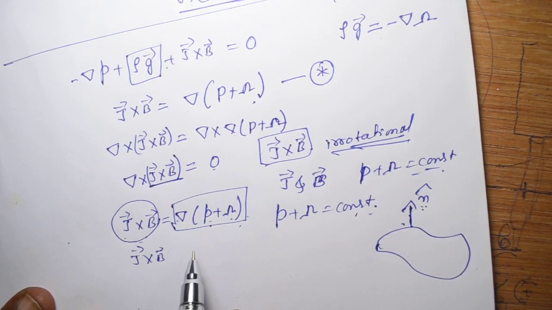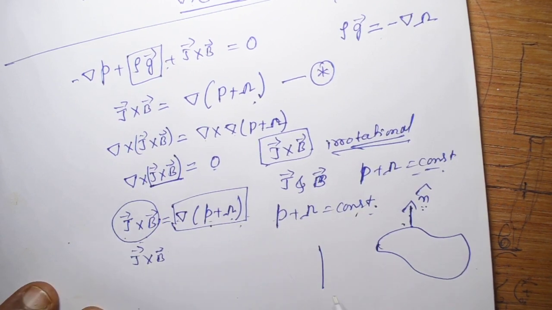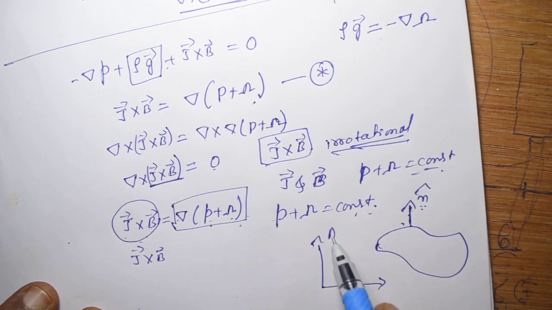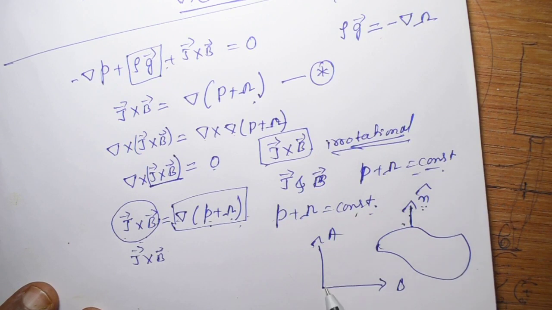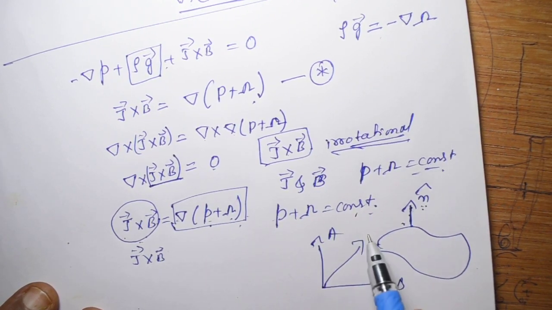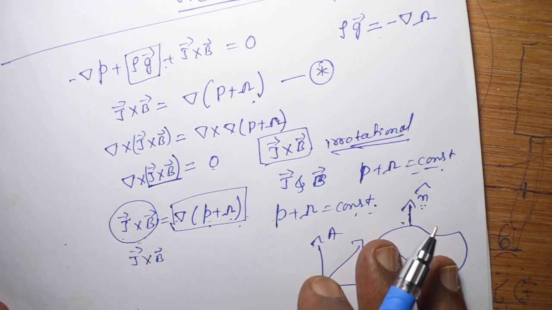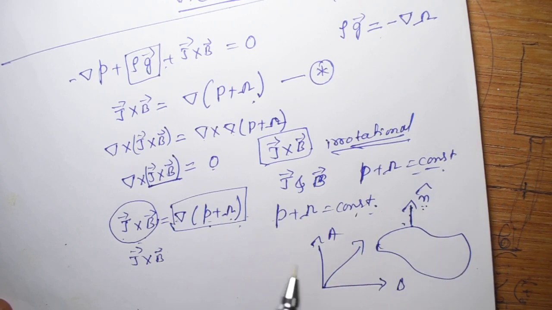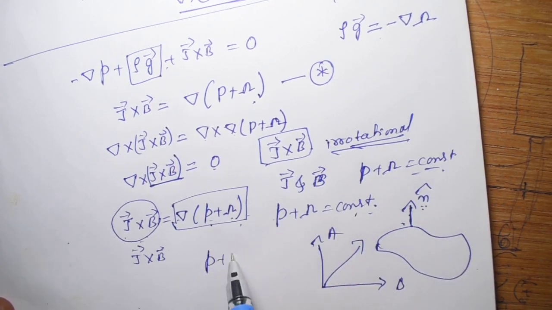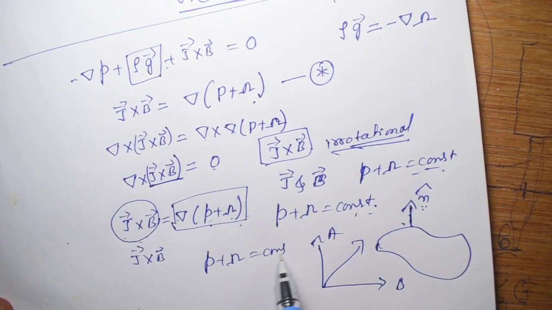If there are two vectors, A and B, their cross product, the resultant vector, is in another direction. Therefore, J lines and B lines, that is current lines and magnetic field lines, must lie on the surface P plus omega is equal to constant.